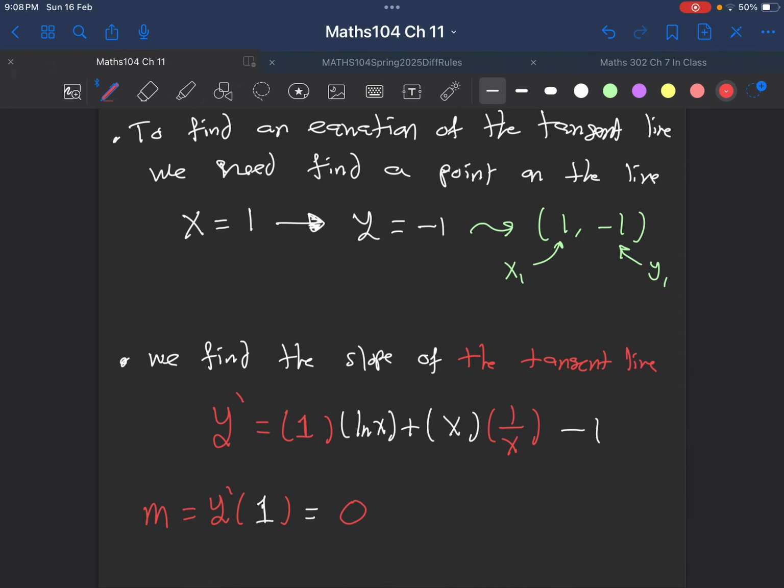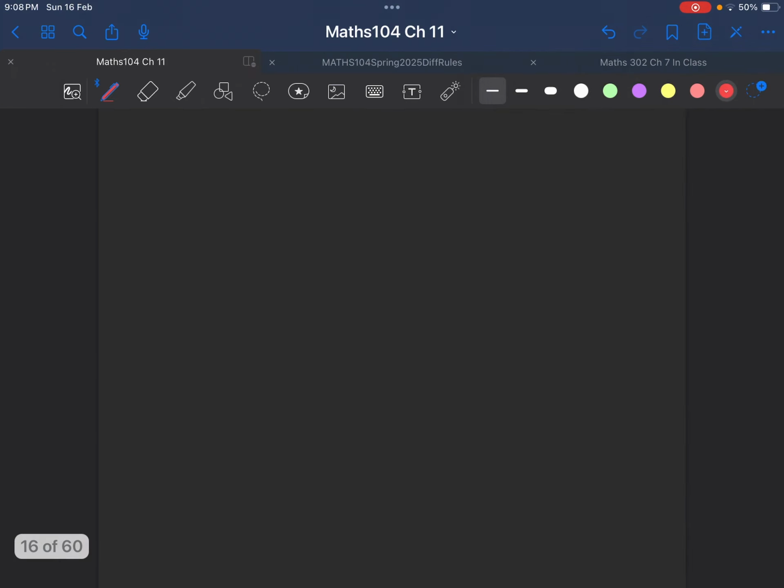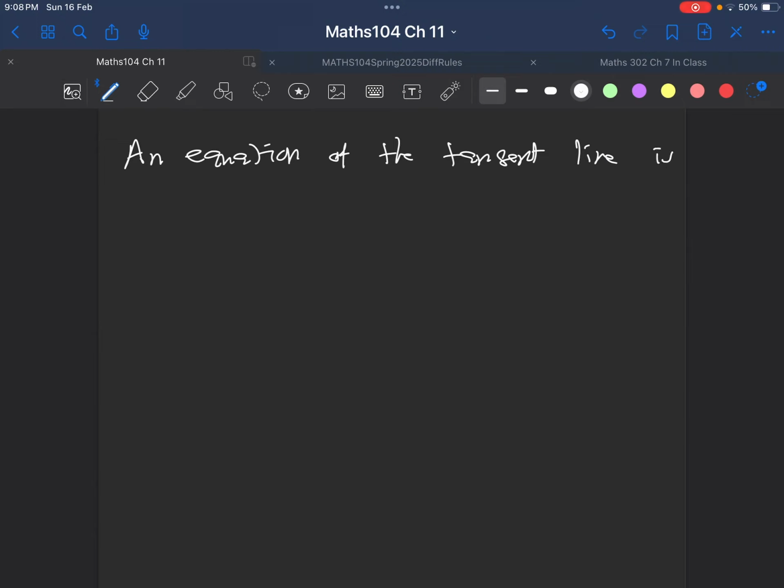Now, finally, we put all this information together. So an equation of the tangent line, remember, is y minus y1 equal m times x minus x1. Y minus y1 is negative 1.